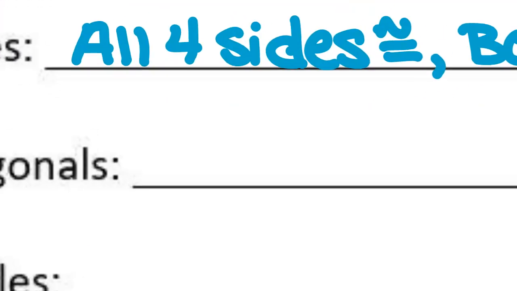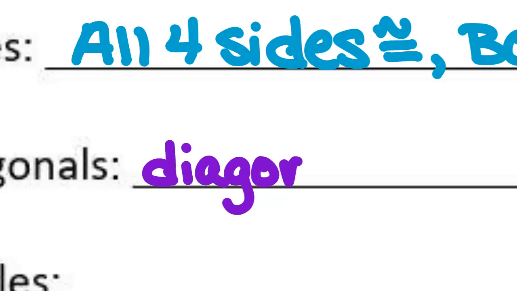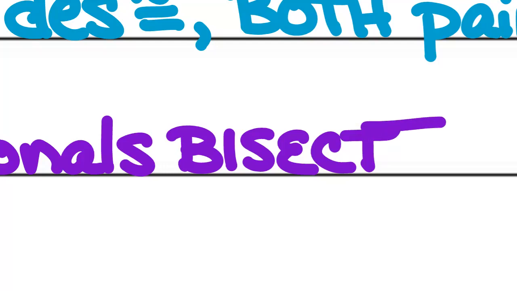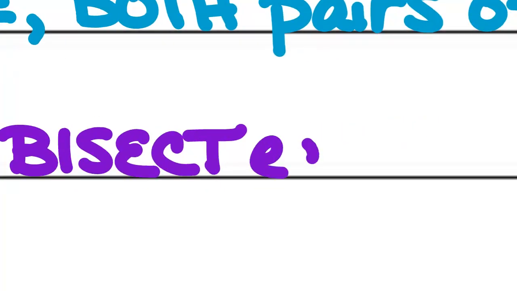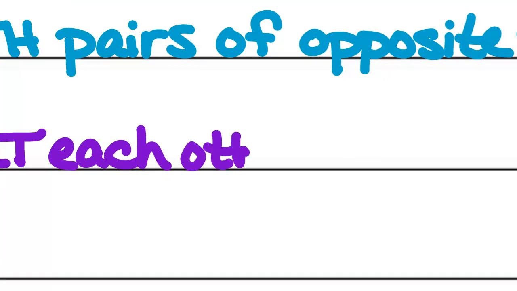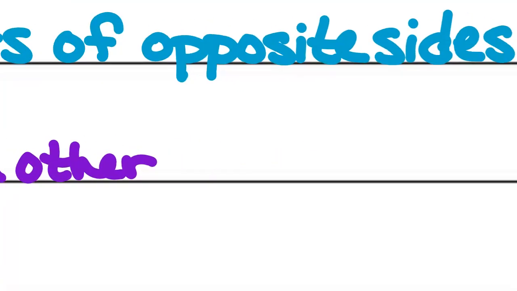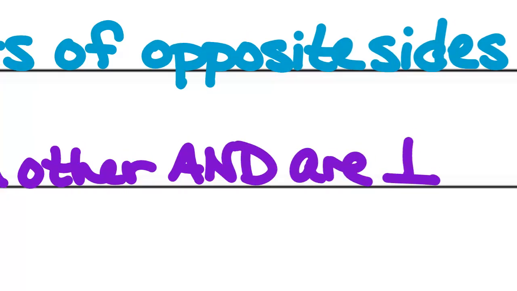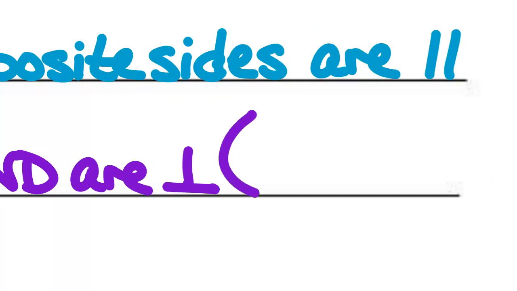Just like a parallelogram, the diagonals bisect each other. And they are perpendicular to each other, which means they form right angles.